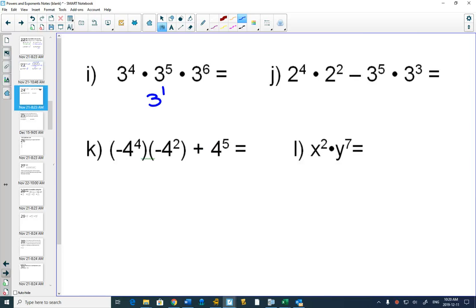This one, there would be 15 threes in the end. For this one, you could put these together and get 2 to the 6, and you could put those together to get 3 to the 8, but then after that, to write it as a single power, it's not possible.